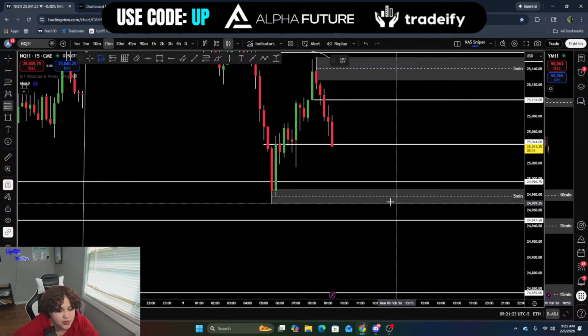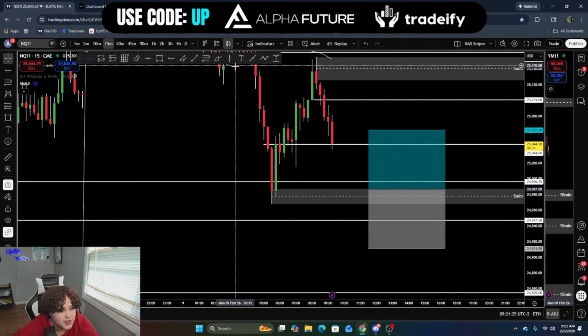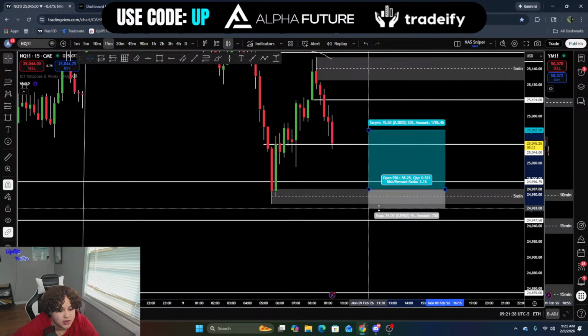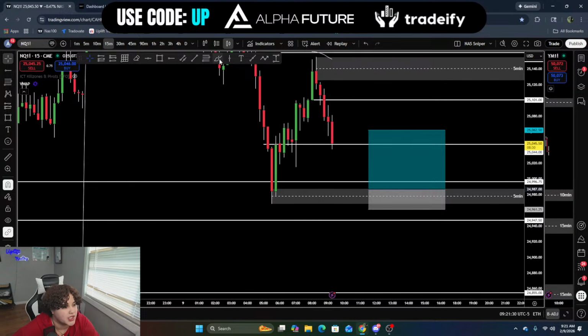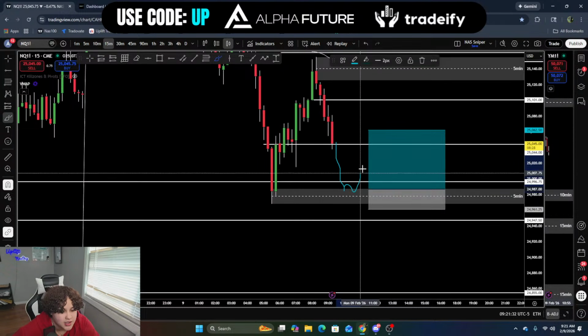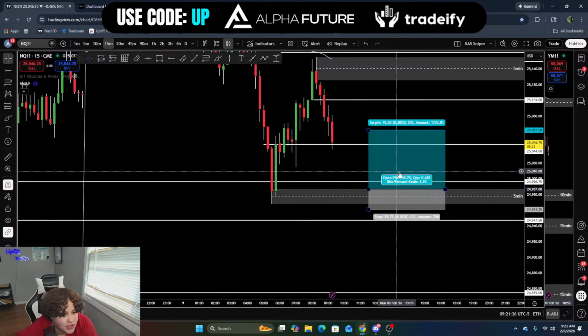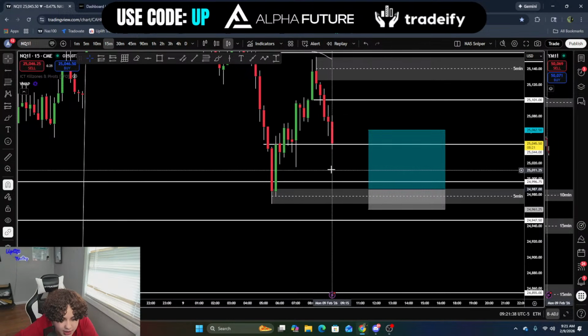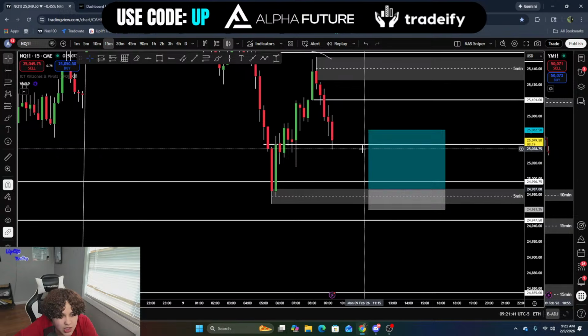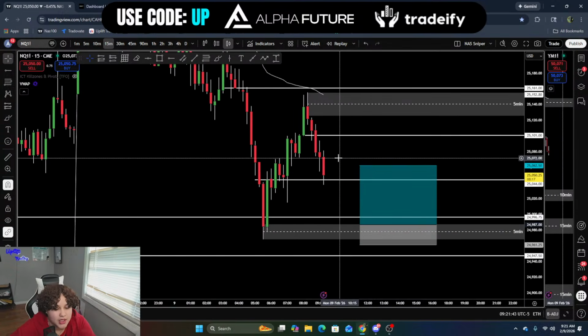Another trade could also be longs off of this 15-minute zone. The only way I would take that is if I see something like this. Boom. If I do take the longs, that would be me betting that it'll be a choppy market, most likely.